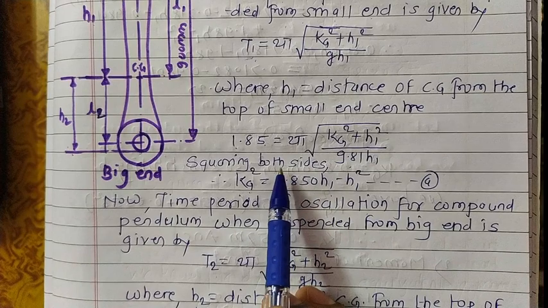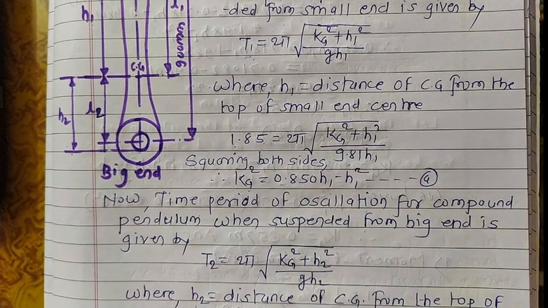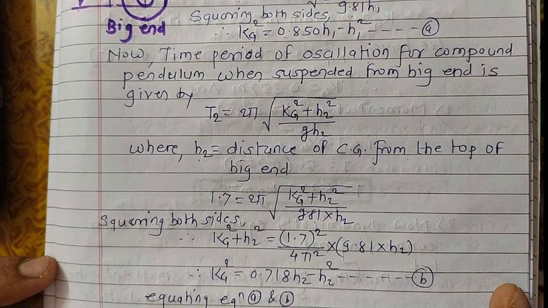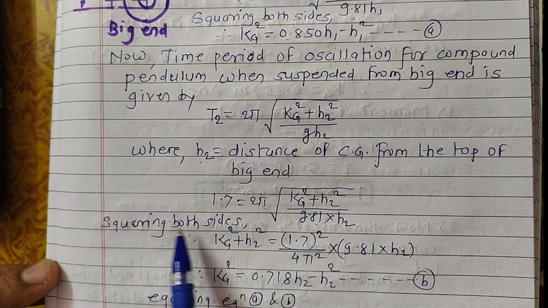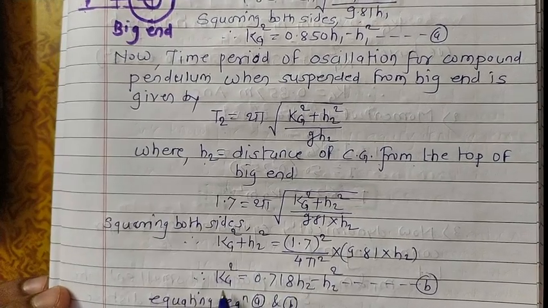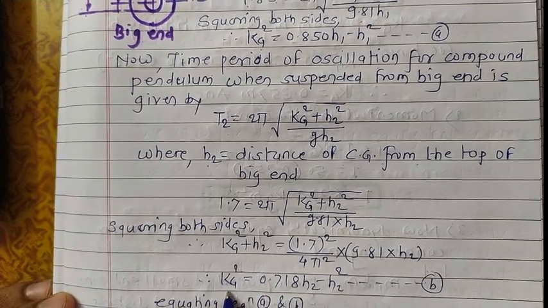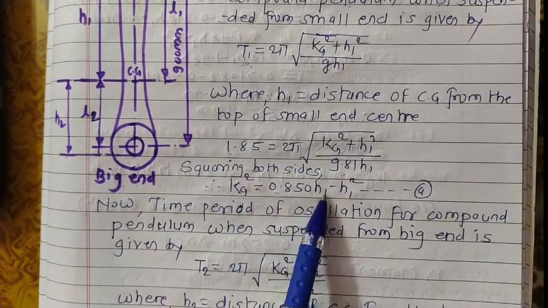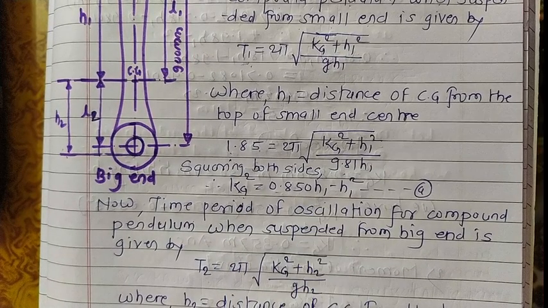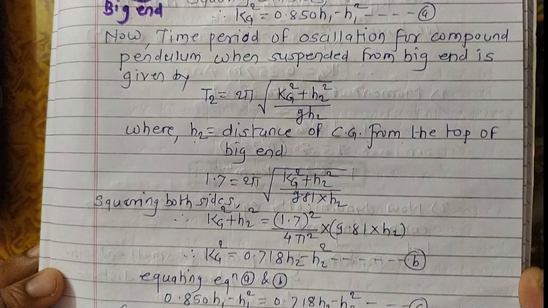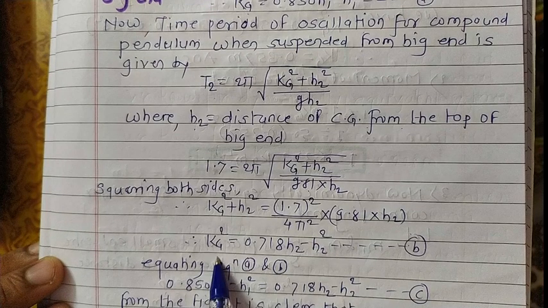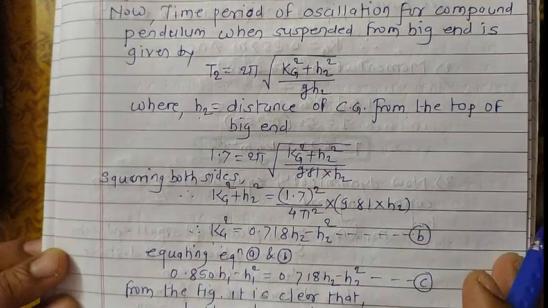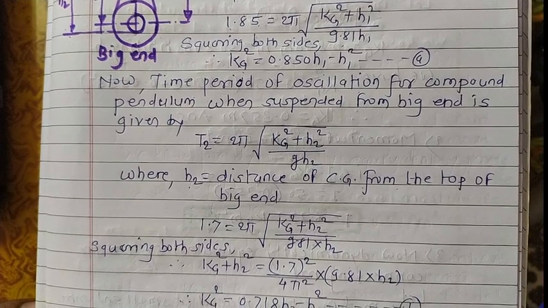In a similar way, square both sides and get the relation once again between the height h2 and kg. In the previous case we found the relation between kg and h1; in this case we found the relation between kg and h2. If you look at both relations a and b, what is the common thing here?